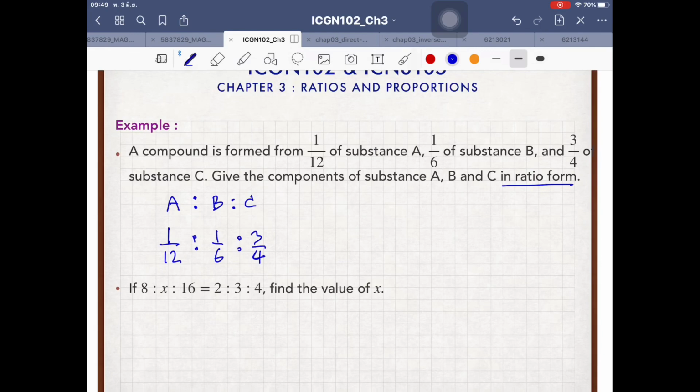So in this case, how about if we multiply by 12 to all the terms? Okay, so here we can get rid of the fraction. We just multiply by 12. All right, so what's going to happen?